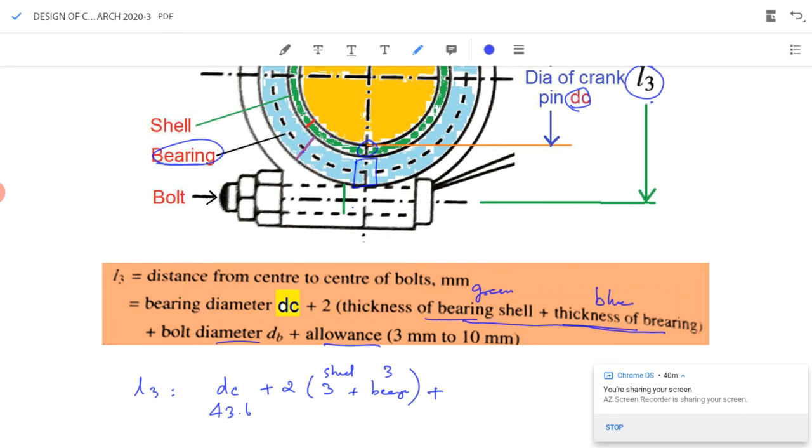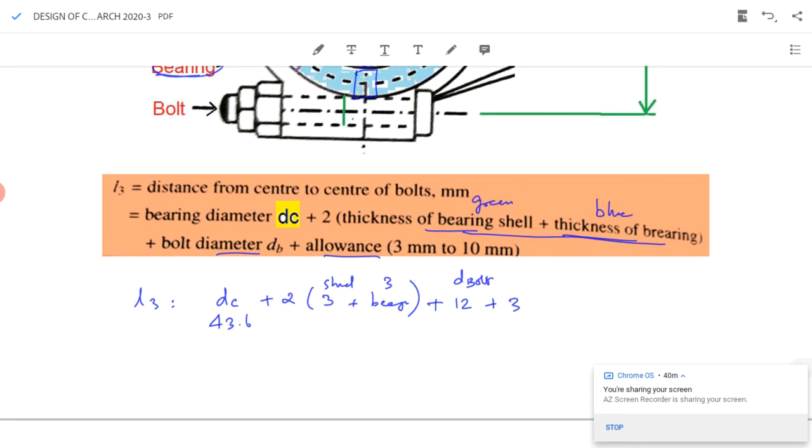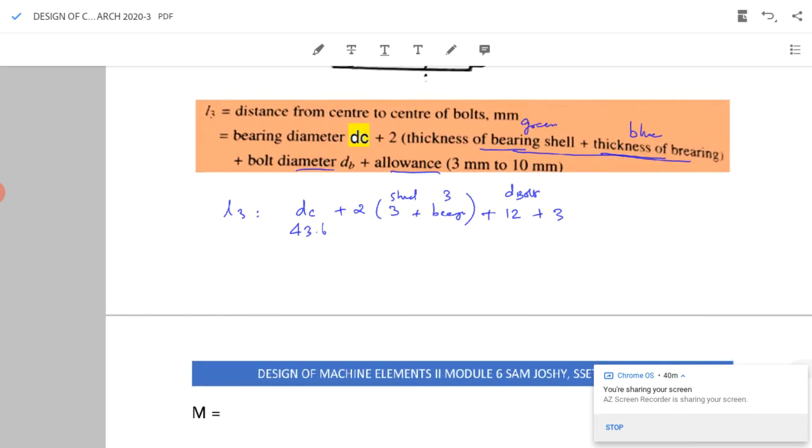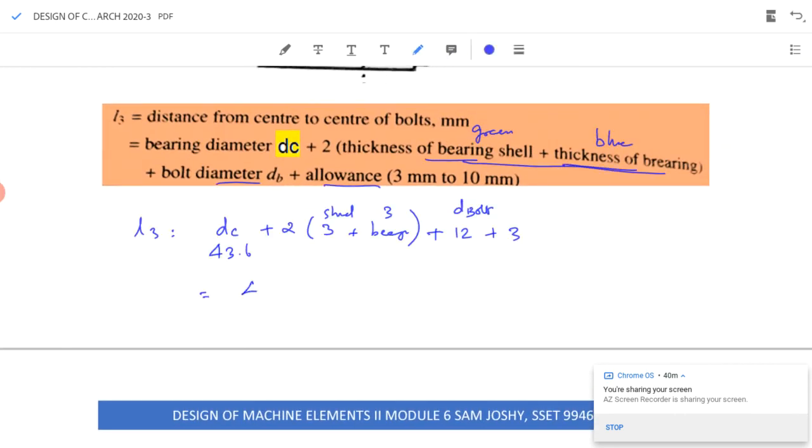Db was obtained as 12 mm, diameter of the bolt, M12 by 1.5, plus some allowance 3 mm. So my total value will be equal to 43.6 plus 2 into 6, 12, plus 12 plus 3, 67 plus 3, almost equal to 70 mm. So we have found the value of L3 also.